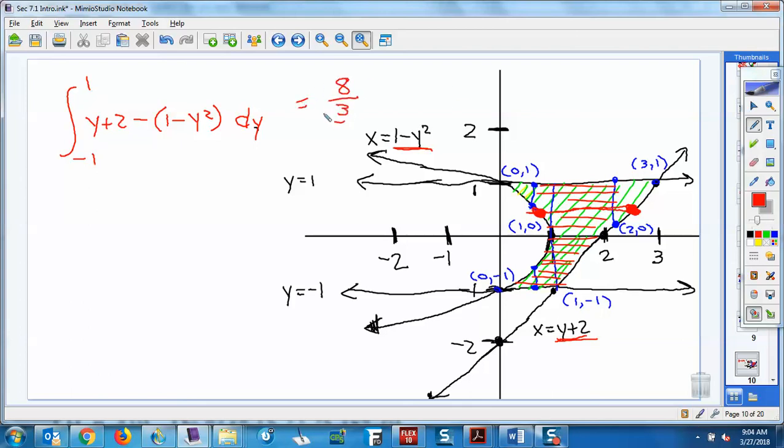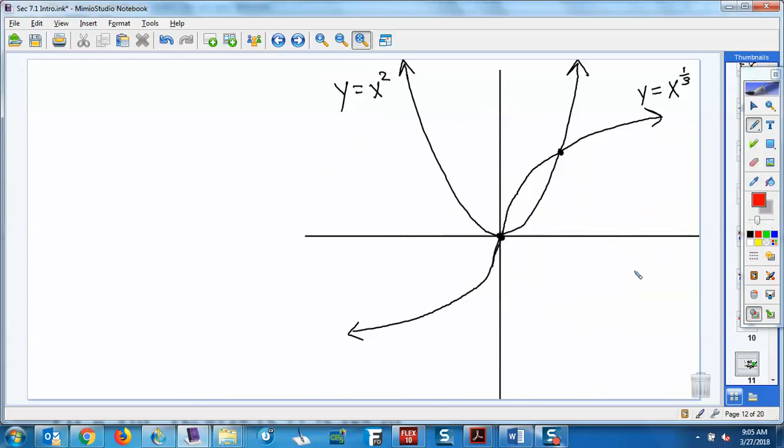Now, if you do the blue pieces in your homework on number 3, they should add up to 8/3 as well. So that's a great example of a problem where horizontal strips would be a lot better to use.